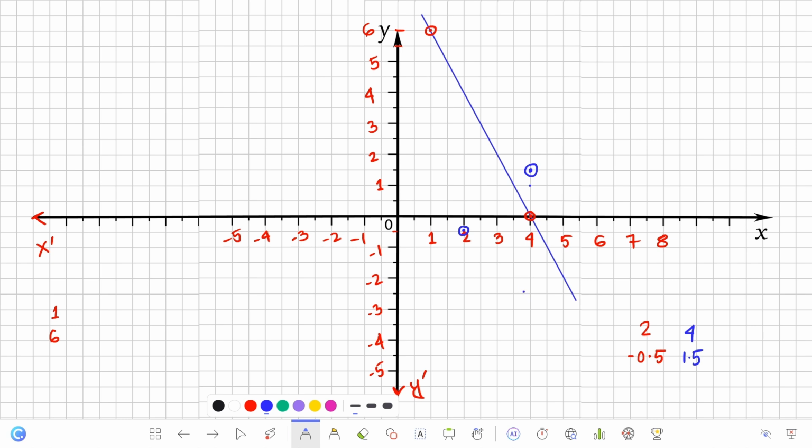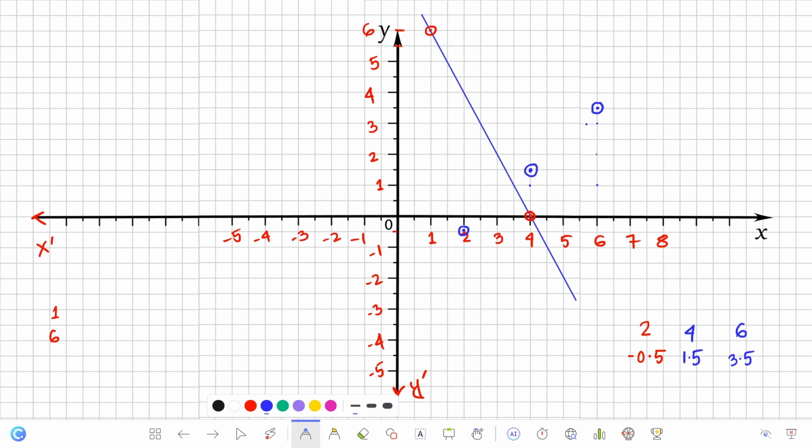And the third point that we will get is 6 comma 3.5. So along the x-axis we will travel up to 6 and then 3.5. 1, 2, 3. See, there is 3, then this is 3.5. So here we will come up to this point.